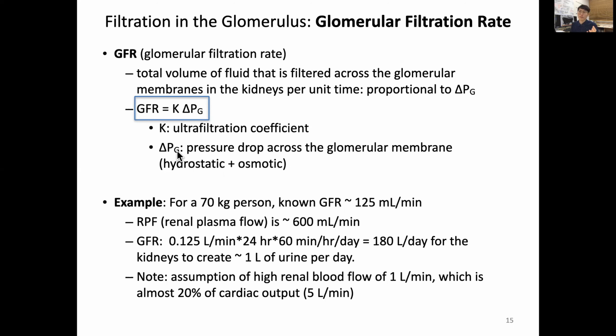G stands for glomerulus. In fact, this pressure drop has two components. One is the simple hydrostatic pressure, because the arterial blood has higher pressure than the venous side, and the glomerular Bowman space has a constant low pressure. That direct pressure gradient will affect the filtration.